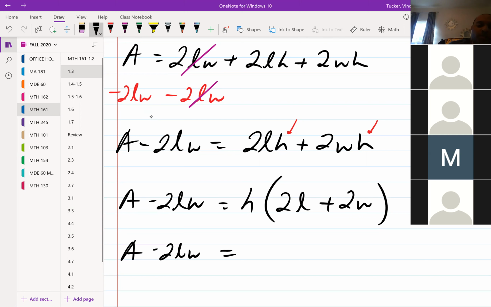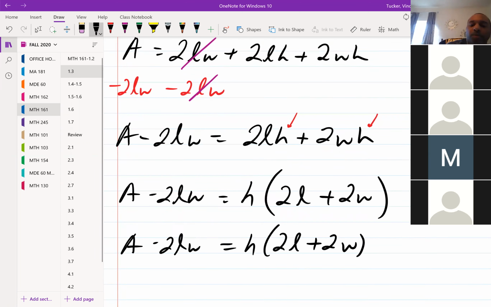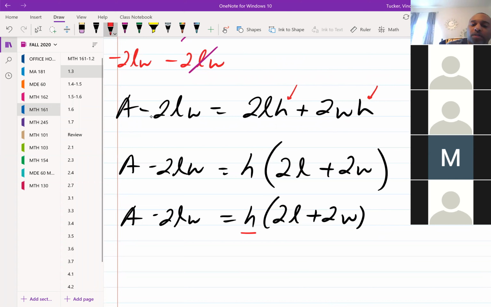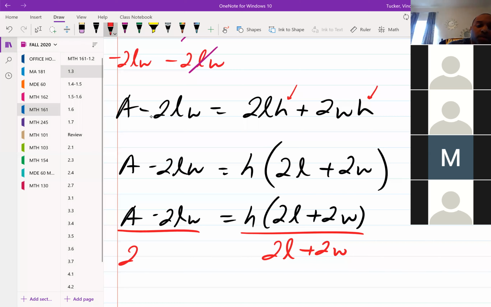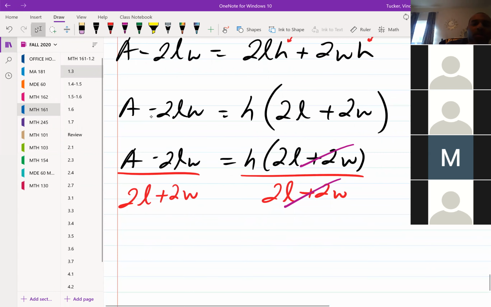And now we can divide both sides by 2L plus 2W, because that is H times 2L plus 2W. So we'll divide both sides by that quantity. So that quantity will cancel. And that leaves us with A.